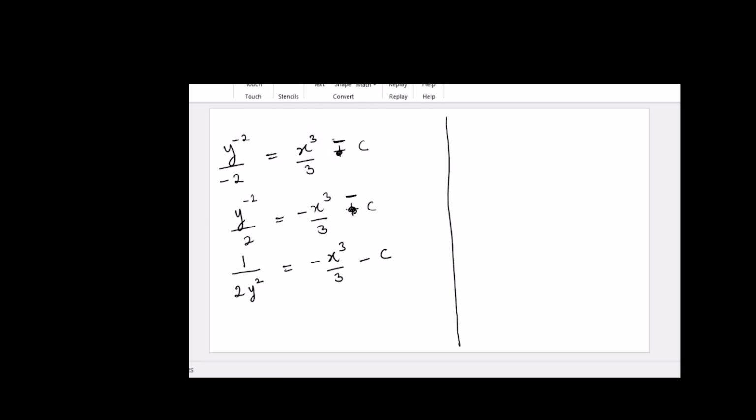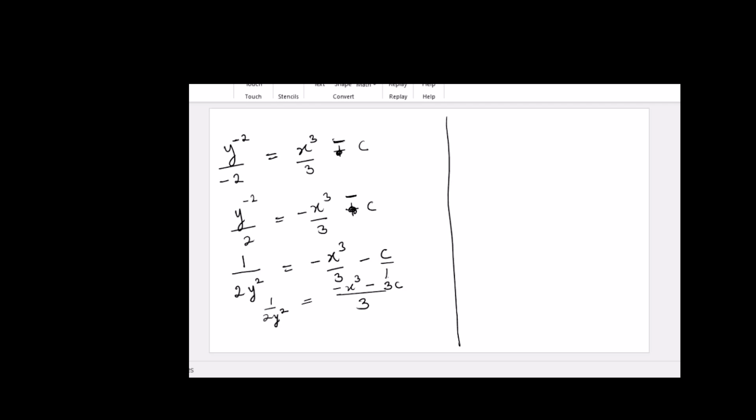And from here, we want to find the LCM. Here we have 3, we have minus x cubed minus 1, here we have minus 3c, which is what? 1 over 2y squared.